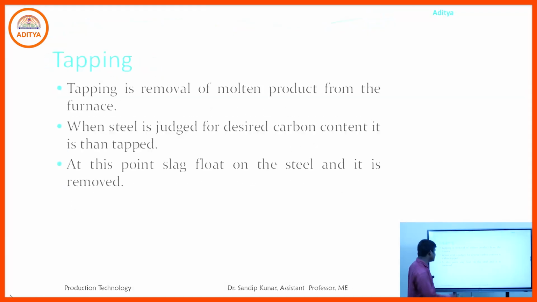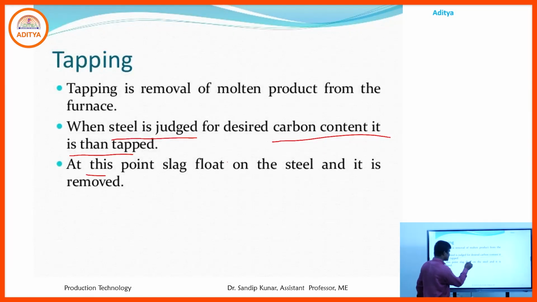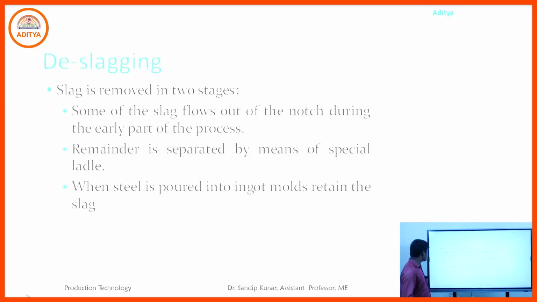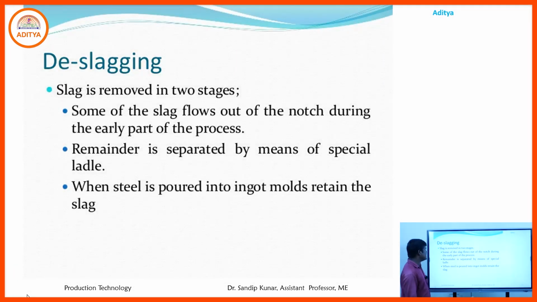After removal of the slag through the slag hole, we finally take the molten metal from the furnace. Deslagging: where a slag hole is provided, we use it to remove the slag, because slag is kept at the upper position of the molten metal.